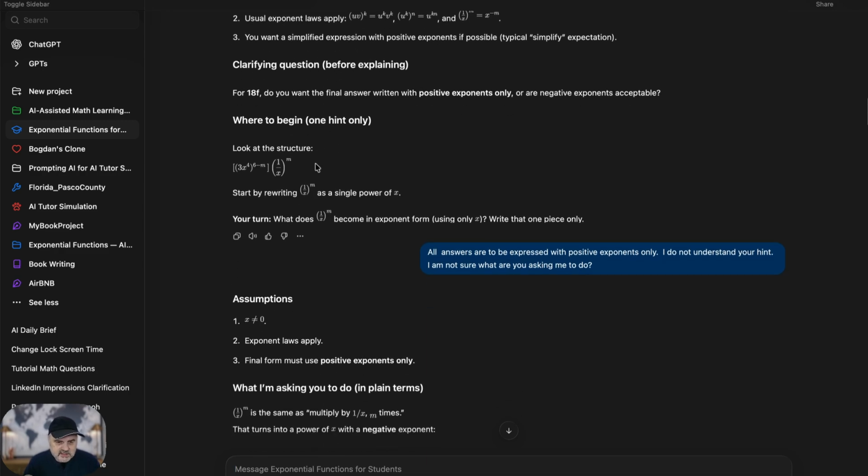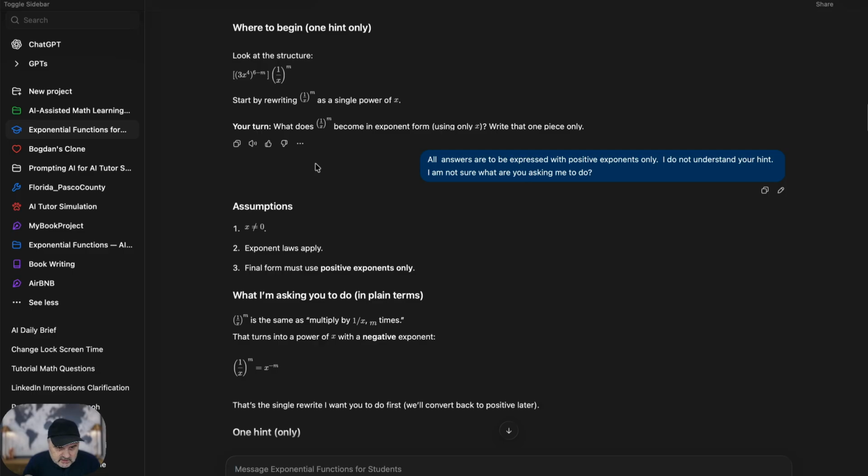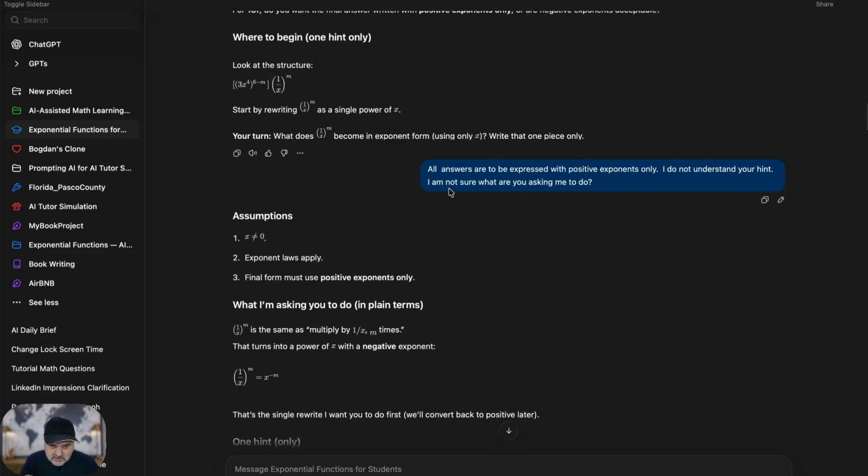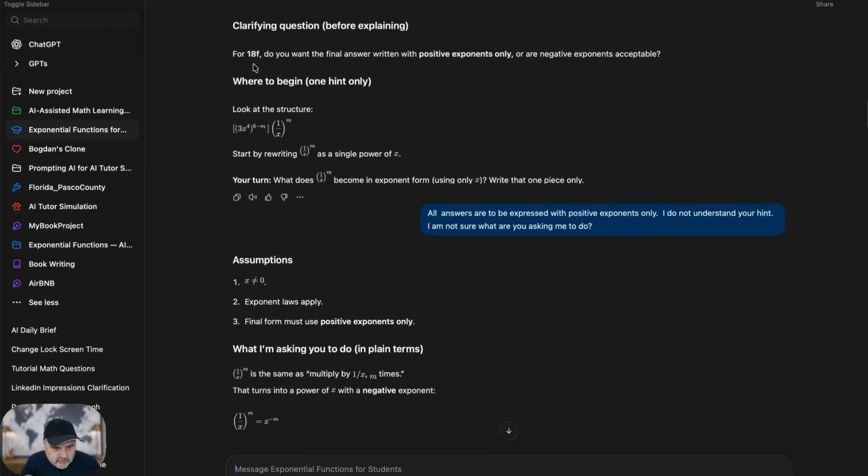the questions, etc. I respond to this conversation by saying, all answers are to be expected with positive exponents only. And I say, I do not understand the hint, because for part 18F, ChatGPT started giving me a hint.